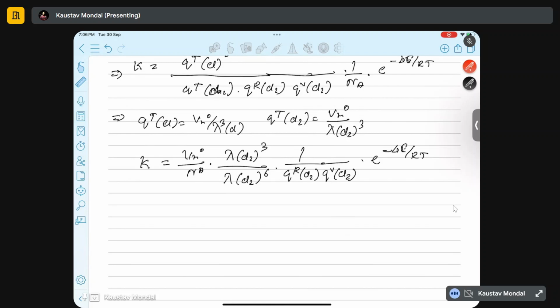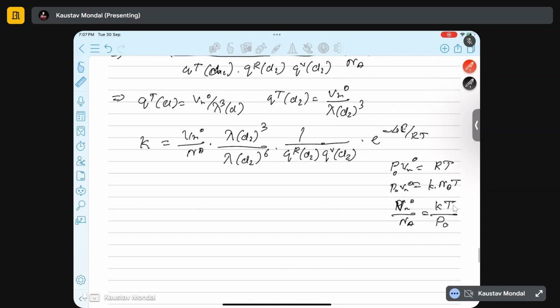So this is what the expression of the equilibrium constant K looks like. Now from here, what you can do, you can use this form where PV here is P0 Vm0 equal to RT. RT you can write as k into NA T, so P0 Vm0 by NA you can write as kT by P0. So you can write K equal to, this K is different.